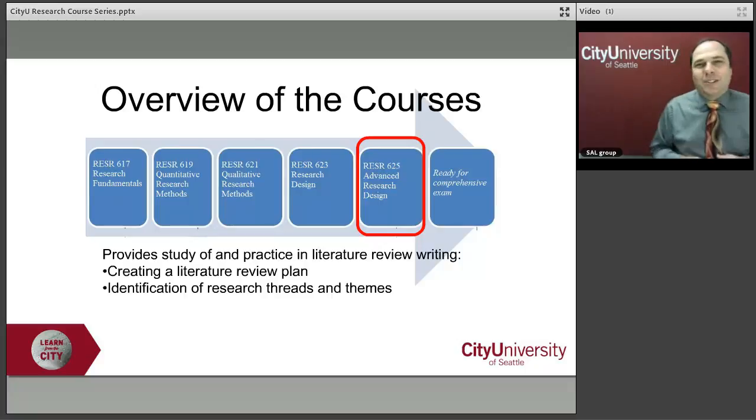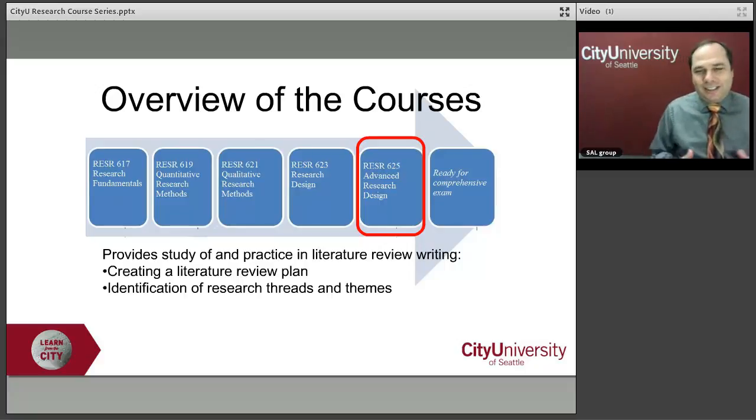The idea of the course is, of course, to first learn how to create a plan for doing the review itself. There's actually a way that you can be more organized, and it is certainly not just picking up one article, putting it down, picking up the next article, putting it down, and moving through 20 to 50 articles that way.